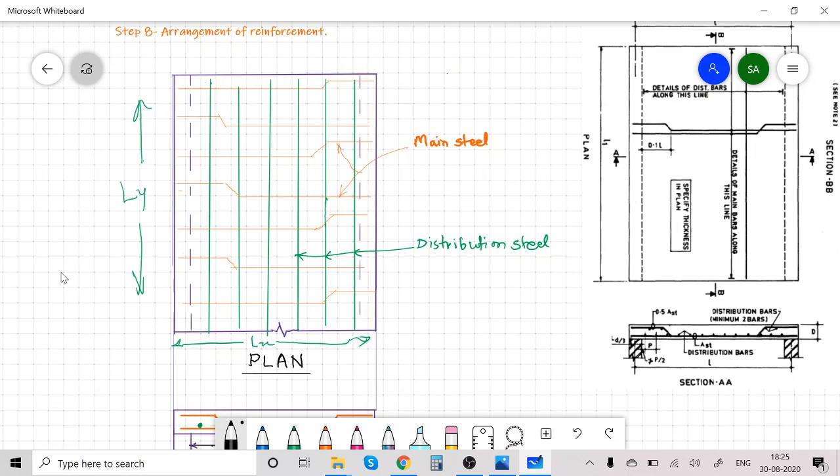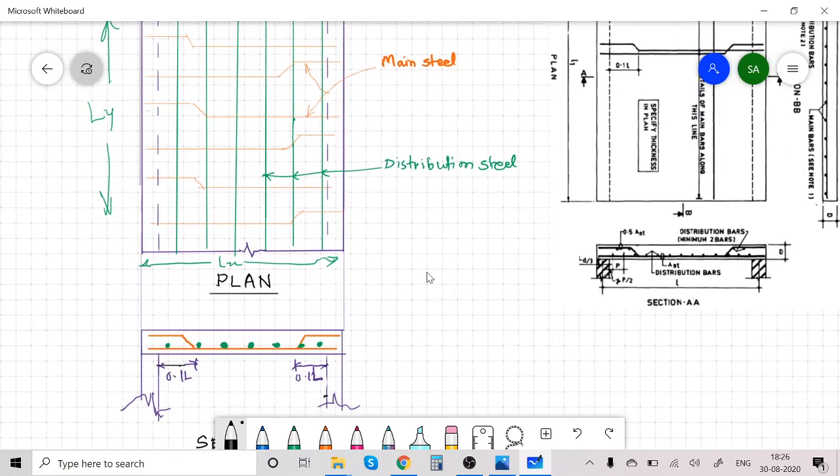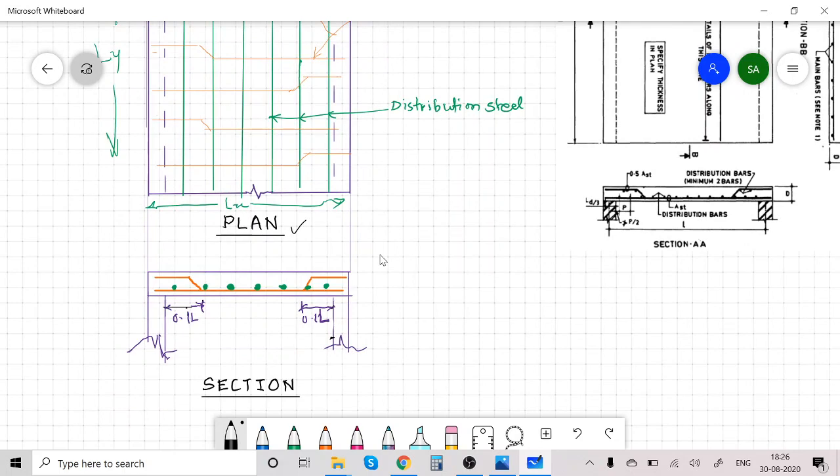They are laid along the longer span. The main steel, the alternate bar, is bent on either side at a distance 0.1 L from the face of the support. This is the plan and this is the section of the slab.